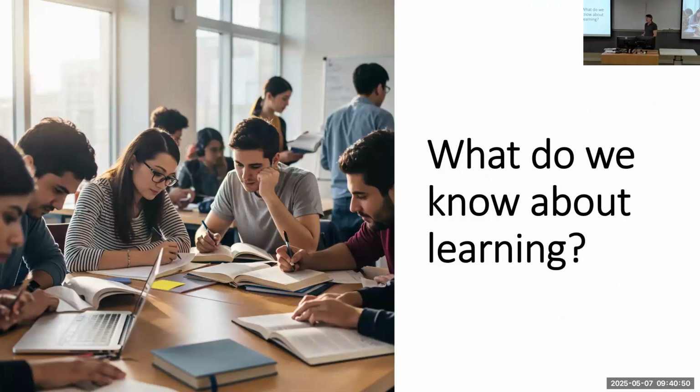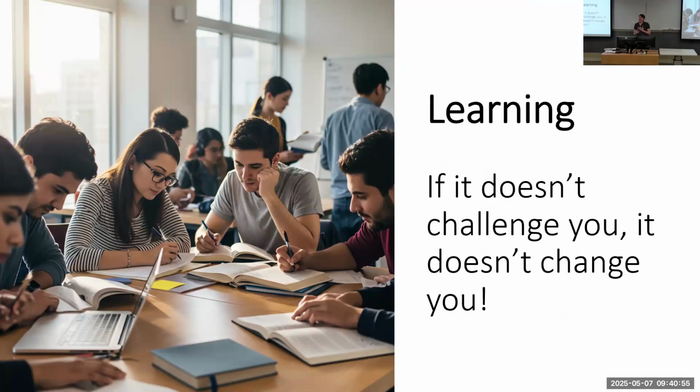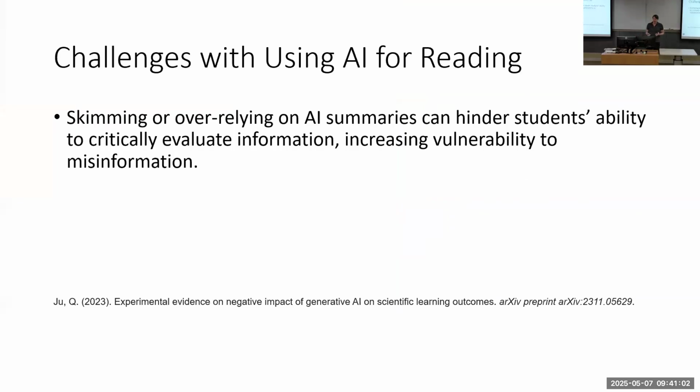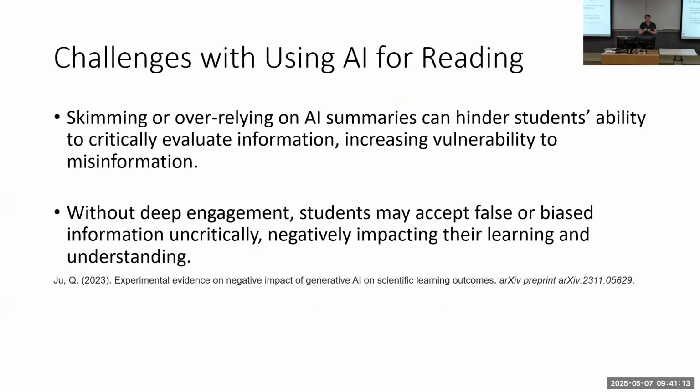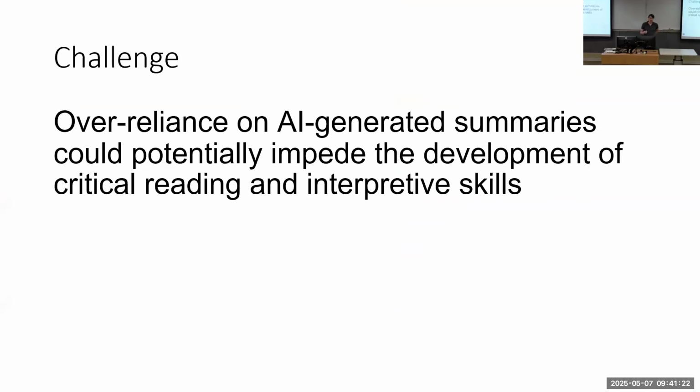Now, what do we know about learning though? If we think about what learning is, it's that challenge. It's that engagement, which is really important. So it can be dangerous if students are over-relying on AI. If they over-rely on the summaries, they lose that critical engagement and the critical thinking, which can cause challenges because they really need to engage with that.